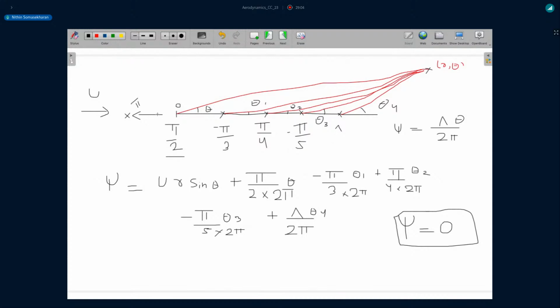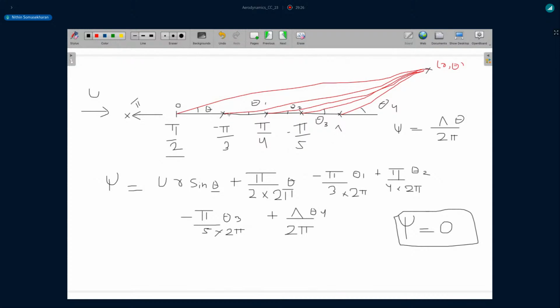All right. So I'm going to see whether I can find my stagnation point if I go in my theta equals pi direction. Which means that my sine theta becomes sine pi, and all these thetas, like theta 1, theta 2, theta 3, theta 4, would basically be pi, right?